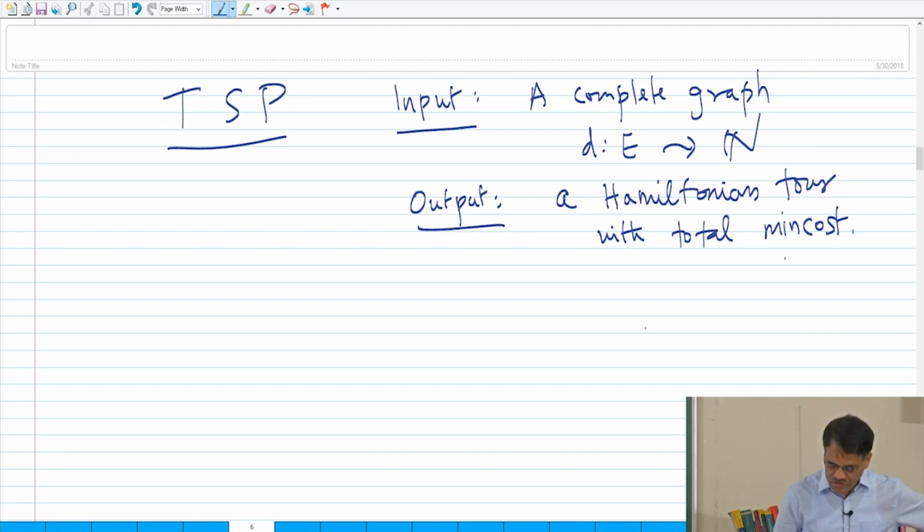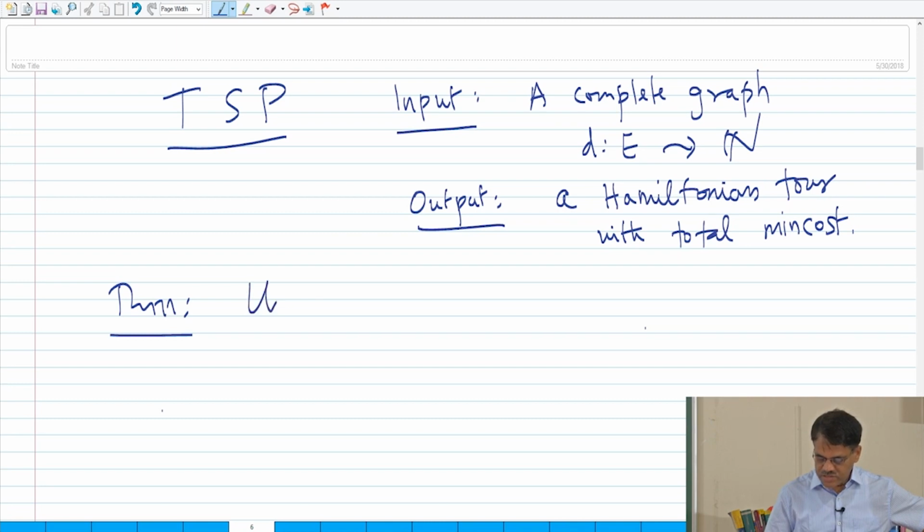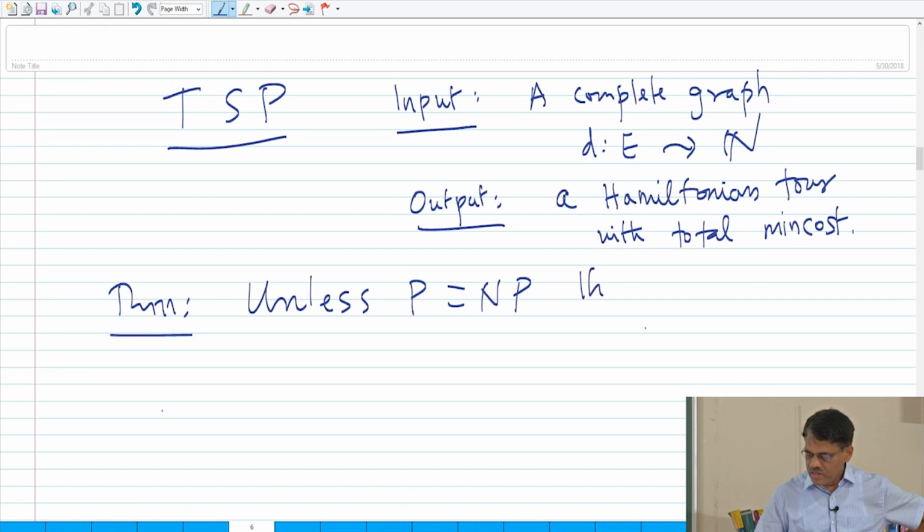So, here is a striking first theorem. Unless P equal to NP, there is no polynomial ratio approximation algorithm possible.